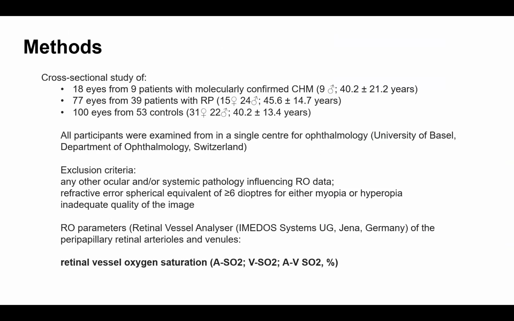In our study, we enrolled 9 patients with choroideremia, 39 patients with retinitis pigmentosa, and 53 healthy participants who were measured with this non-invasive technique to obtain retinal oxygenation data.